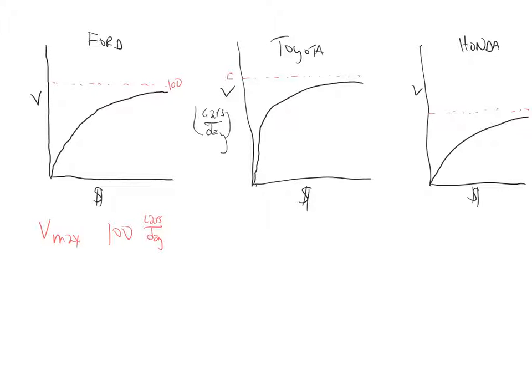Maybe that's 50 right here for its Vmax, 50 cars per day. And then Honda. Maybe their factories are not as big or what have you, but we'll say that theirs is at 25. So that's their Vmax.